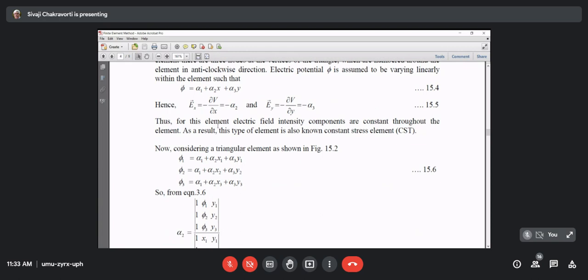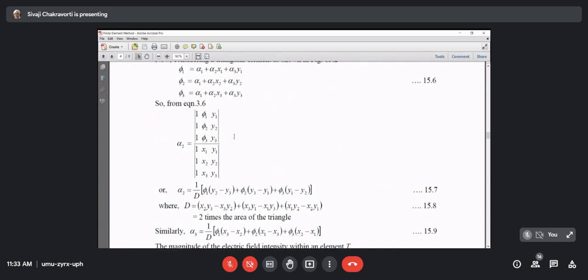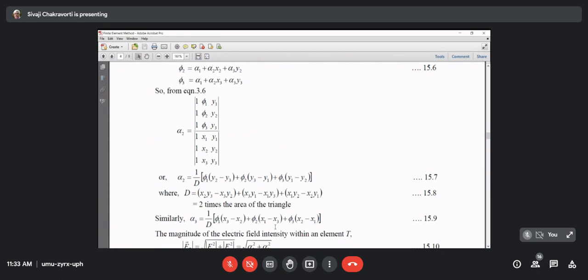Because we see that the x component of field intensity is equal to minus alpha 2 and Ey is minus alpha 3. Now alpha 2 from 15.6 can be very easily obtained using Cramer's rule. Now Cramer's rule you can do better than me, so I have written it. And then I have expanded these determinants, that is equation 15.7, and the denominator I have written as capital D, and if you expand the denominator this will be equation 15.8.